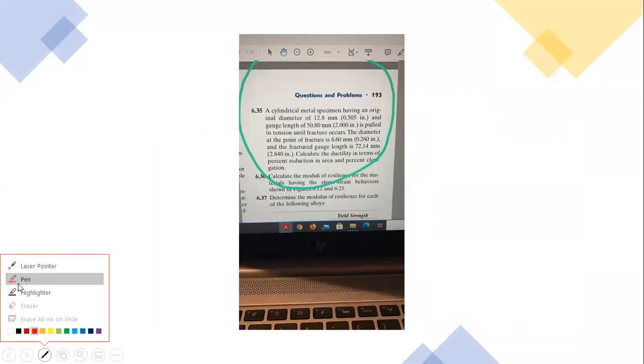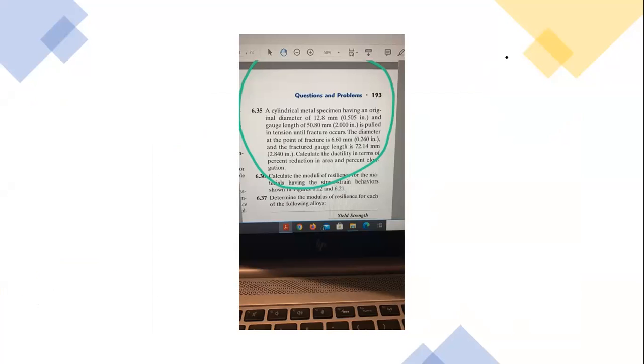Okay, so what is the original diameter? The initial diameter, D naught. How much is it? It is 12.8 millimeter, and millimeter is 10 power minus 3, right?